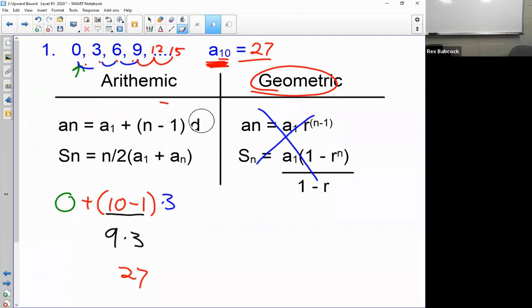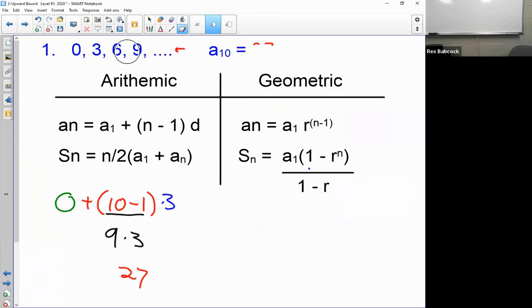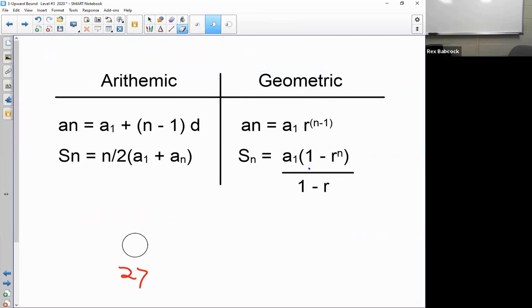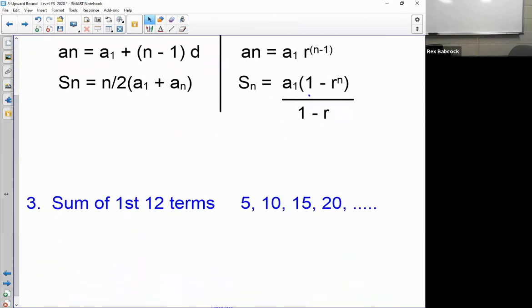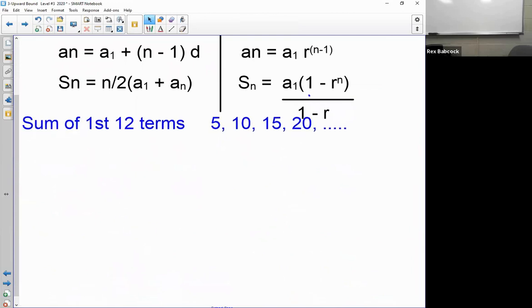So I go to my book or go to Google or somewhere and look up the equations, and here they are. And there's my question that I have here.